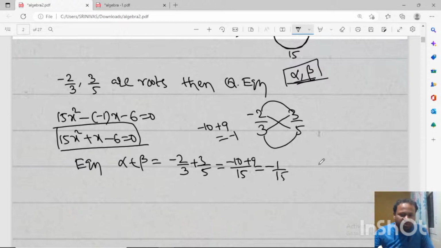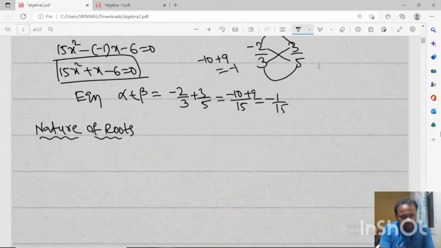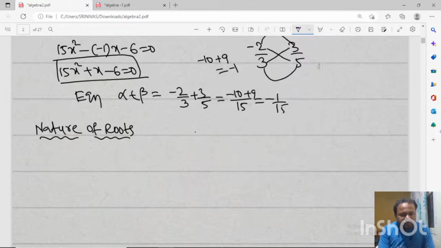Now let us move on to one more condition. What about the nature of roots? So nature of roots means, suppose I have ax square plus bx plus c is equal to 0.